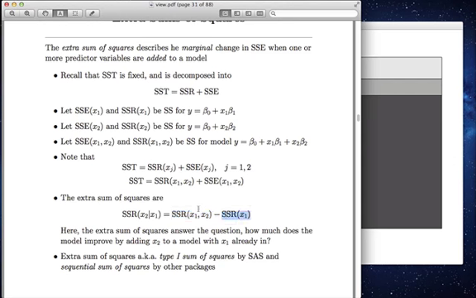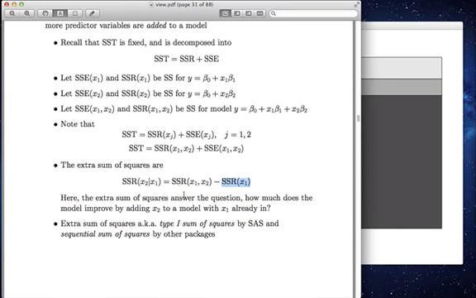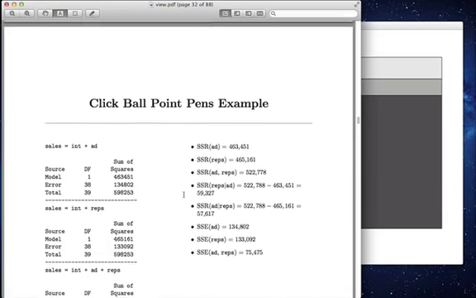The difference then tells us the additional explaining done by bringing x2 into that model. That's all an extra sum of squares is. These go by a number of names: type 1 sums of squares in SAS and SPSS, and sequential sums of squares in Minitab.